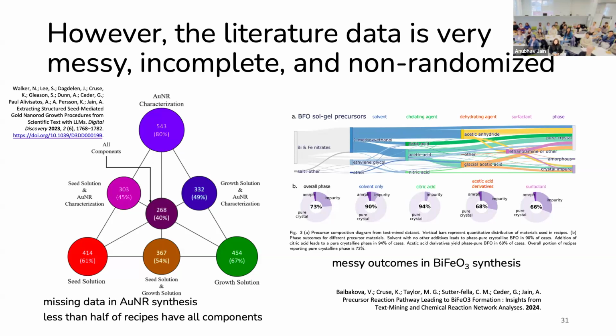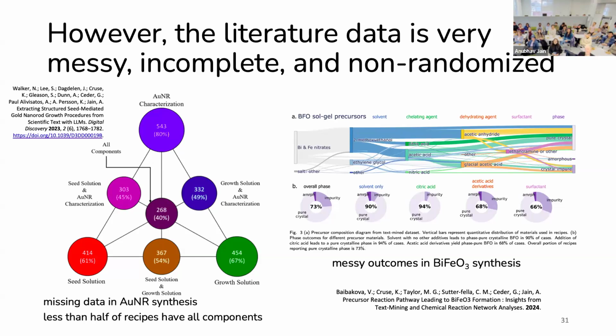If you look at how many mention both the seed solution and the growth solution, it's only half the papers that tell you what they used for the synthesis. Adding the characterization, it's like 40%. So it's very common that key synthesis variables are missing from these papers.